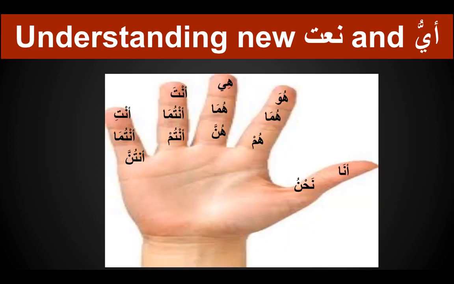Before we go, as usual, we're going to do our pronouns and get them in order and understand what these represent. These are damirun munfasilun: huwa huma hum, hiya huma hunna, anta antuma antum, anti antuma antunna, ana nahnu.